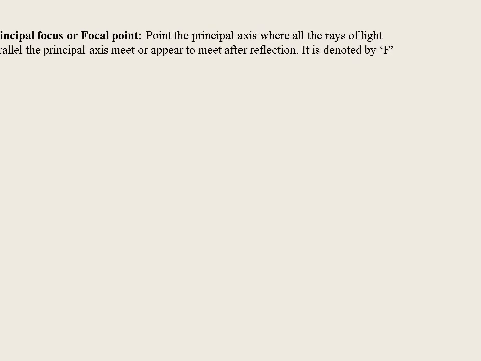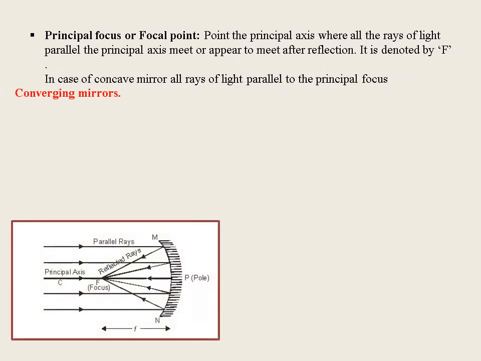Principal focus or focal point. The point on the principal axis where all the rays of light parallel to the principal axis meet or appear to meet after reflection is called the principal focus or the focal point. In case of concave mirrors, all the rays of light parallel to the principal axis converge, so they are converging mirrors.